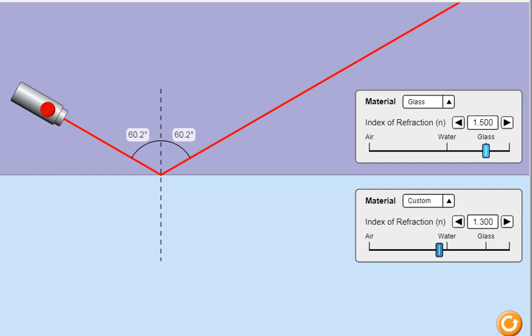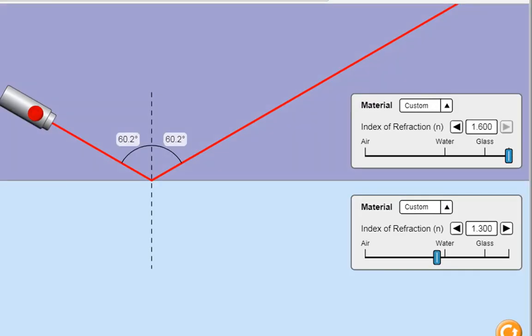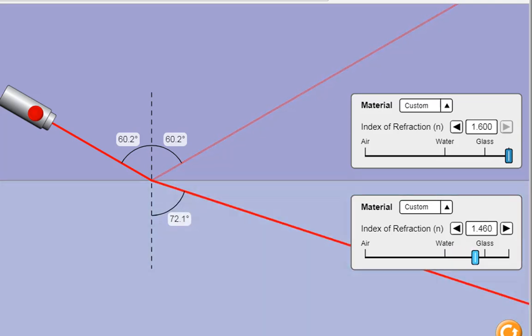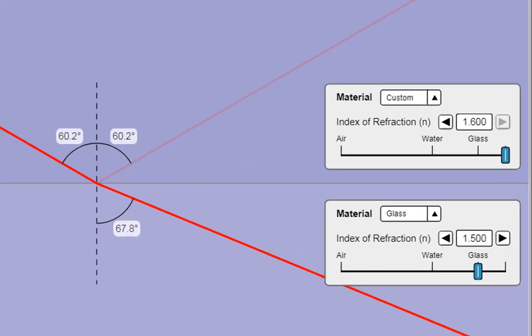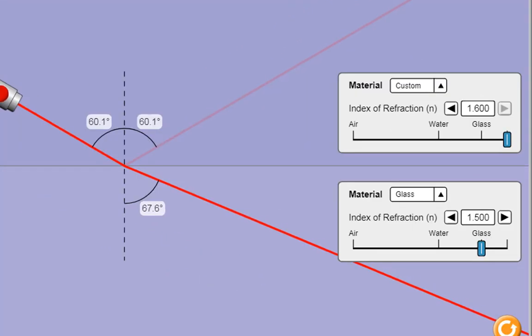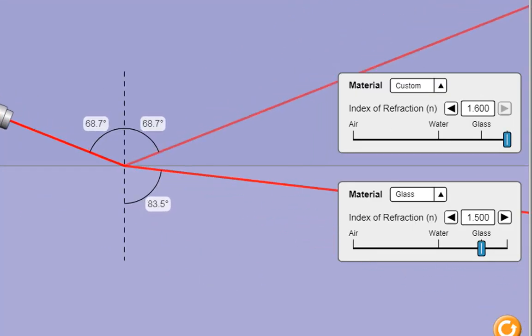And then we're going to put our medium 1 as having a refractive index of 1,6 and medium 2's refractive index 1,5. So medium 2 is glass. And so we can see that the two media have quite similar refractive indexes. 1,6, 1,5, very similar. And as a result, we need to make the angle of incidence quite large before we reach the critical angle.